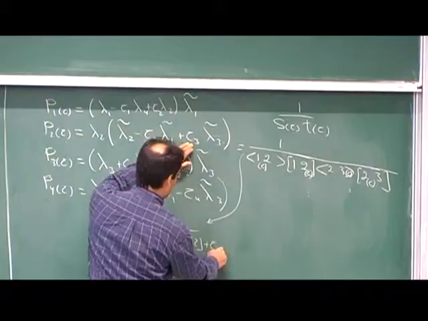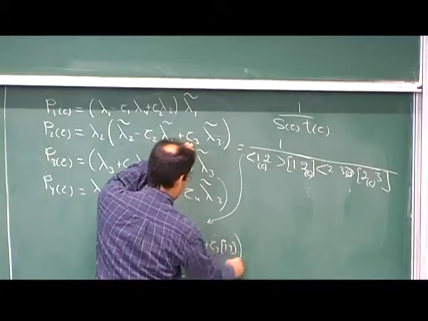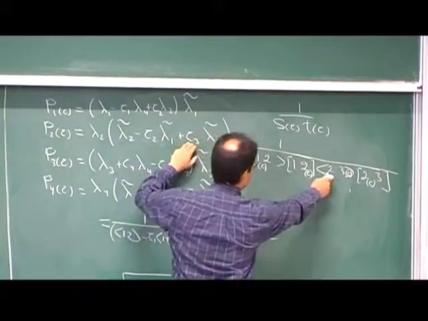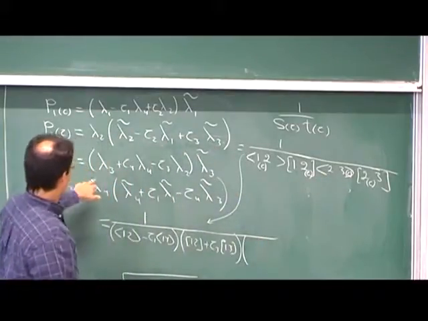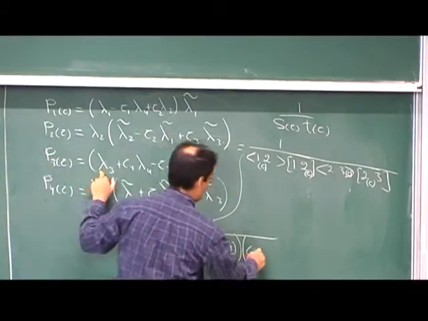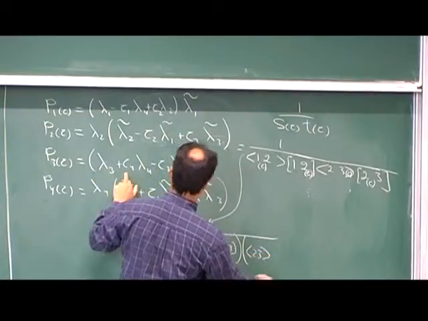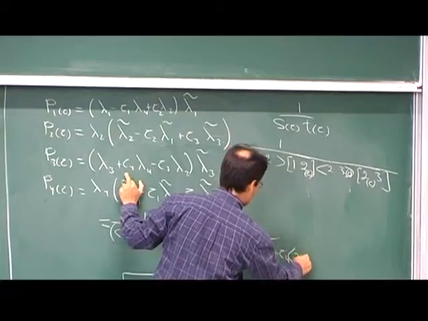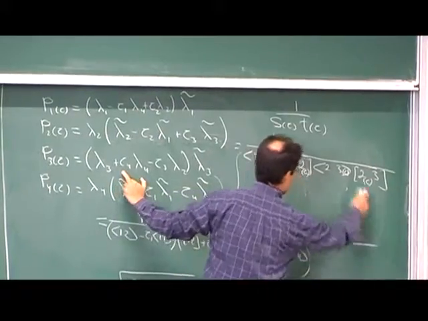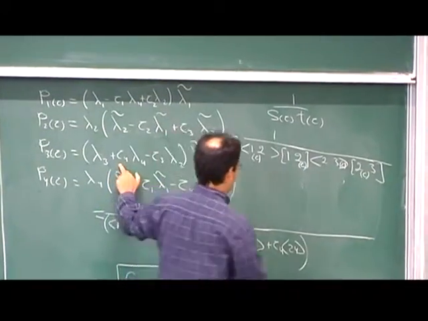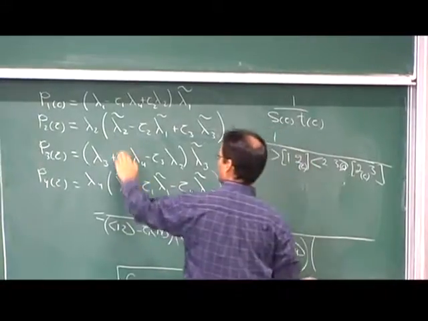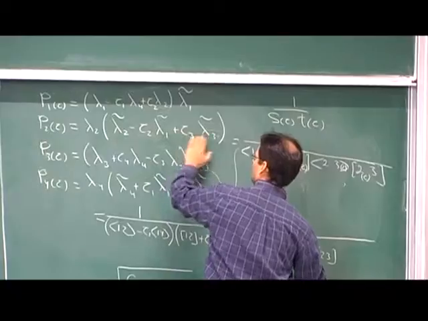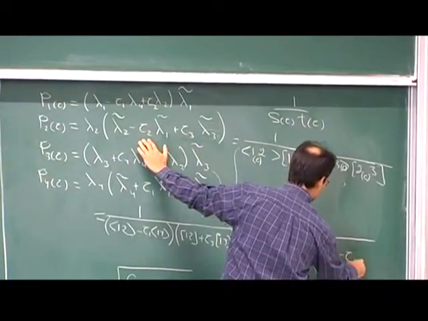Only contribution from here. Next one, this one gives me <2 3>. This drops out, we get tau 4, <2 4>. This one, the last one, is [2 3]. This one drops out, and I get this contribution.